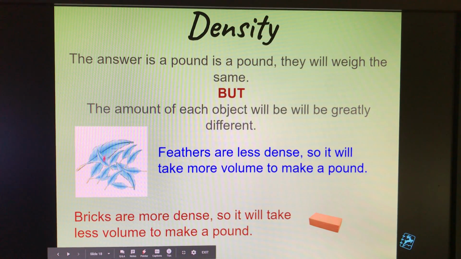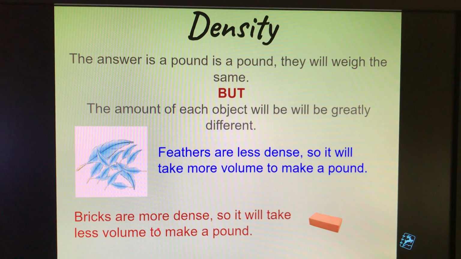So you would have a huge pile of feathers, and then probably just a part of a brick, more like half a brick. But I couldn't get a half a brick. I didn't have that capability yet. So the less dense, the more volume is needed to get the same amount of weight. More dense, less volume to make your weight.